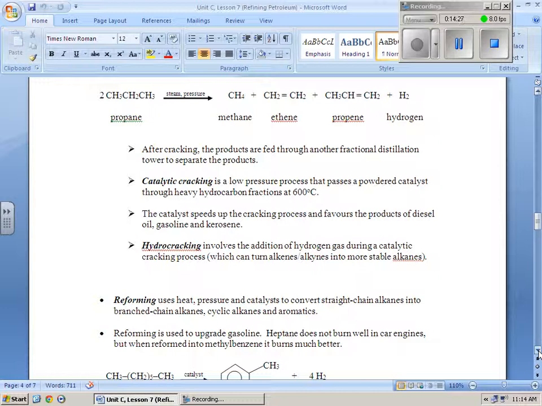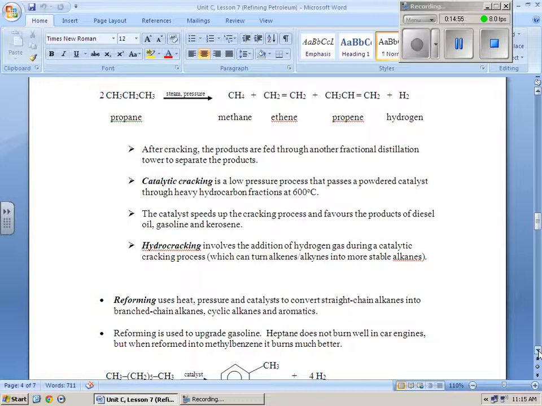Catalytic, of course, uses a catalyst to speed that up. Hydrocracking involves the addition of hydrogen gas during the catalytic cracking process, which turns alkenes and alkynes into more stable alkanes. So generally speaking, cracking is taking a bigger one and making two smaller ones out of it. Maybe more in some cases.